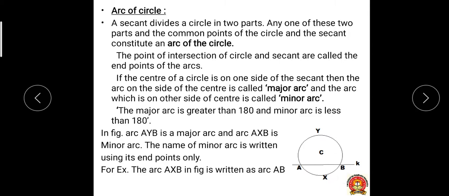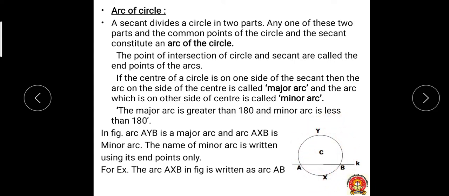If the center of a circle is on one side of a secant, now C is the center of the circle, the part of the circle on the side where the center is called a major arc. Your arc AYB is a major arc and the remaining other arc is called a minor arc.